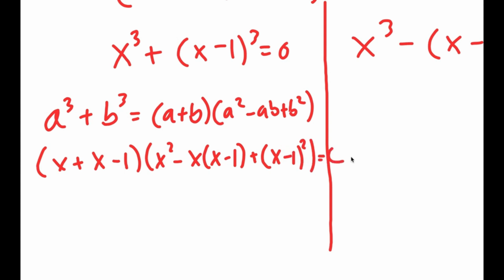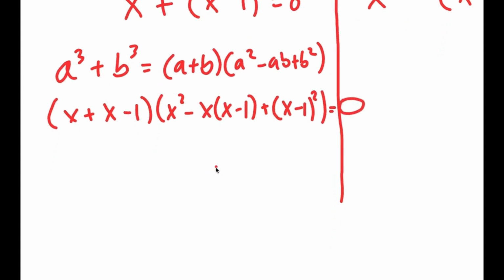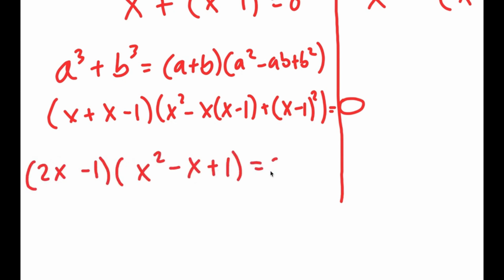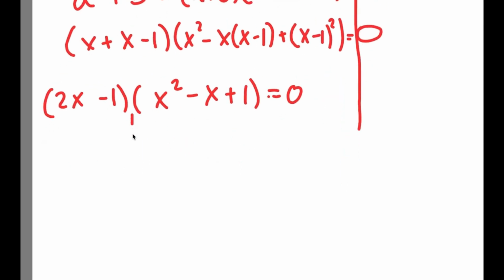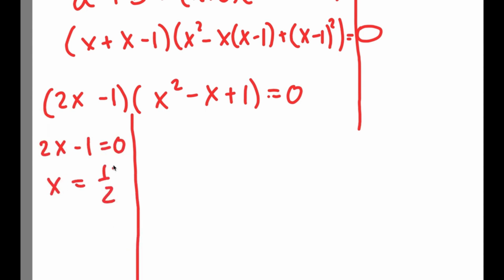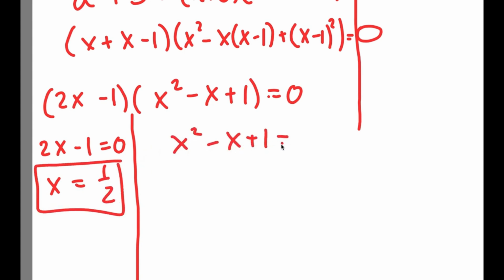And this is equal to 0. And this turns into 2x minus 1 times x squared minus x plus 1 is equal to 0. So I get another two equations from this. I get 2x minus 1 equals 0, meaning x is equal to 1/2. And I get x squared minus x plus 1 is equal to 0.